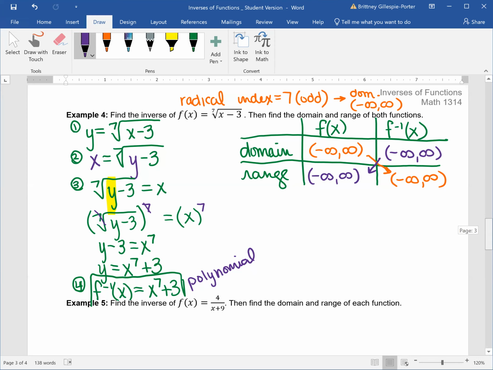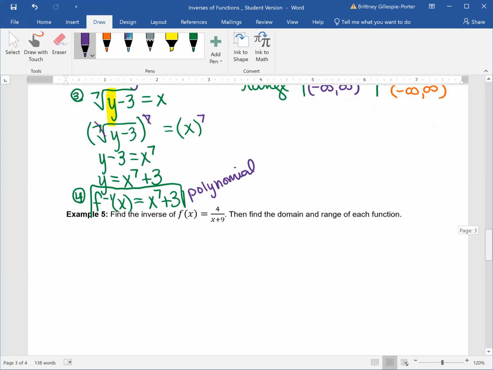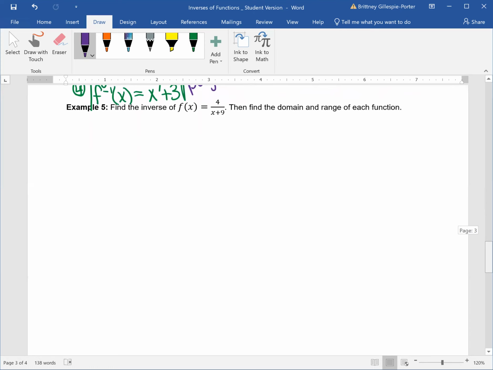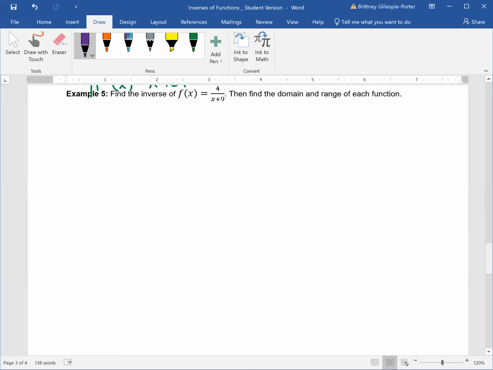Okay, we're going from our friends to someone who's not really our friend, just because it's a fraction on steroids. Our frenemies, I guess you could call them, of a rational function. Okay?